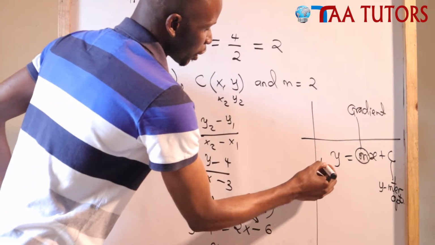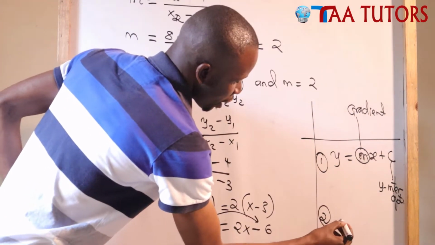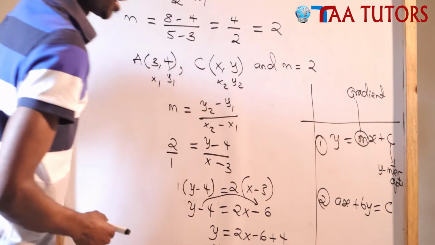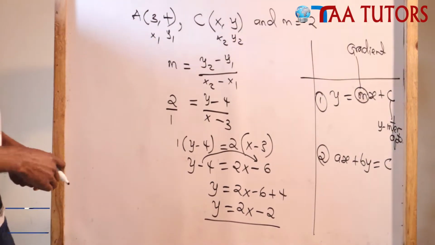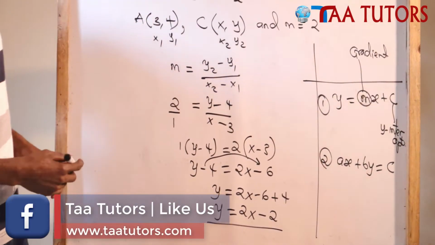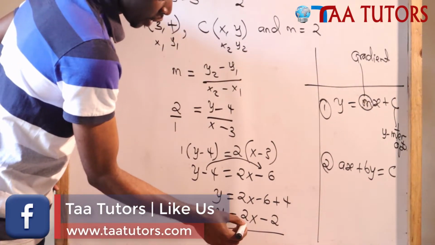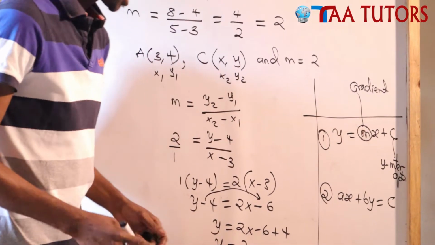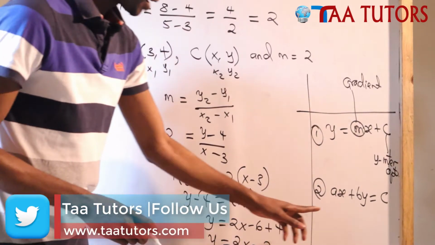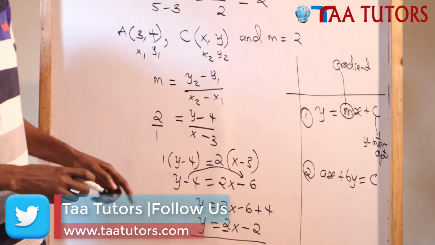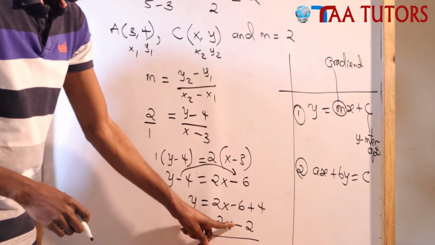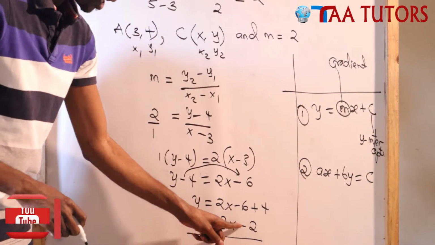Another form of writing an equation could be ax plus by equals c. In this case, the equation I've written in the form y equals mx plus c has m as 2 and the y-intercept as negative 2. I can rewrite this equation in the form ax plus by equals c. Where is a? A is the term in x.